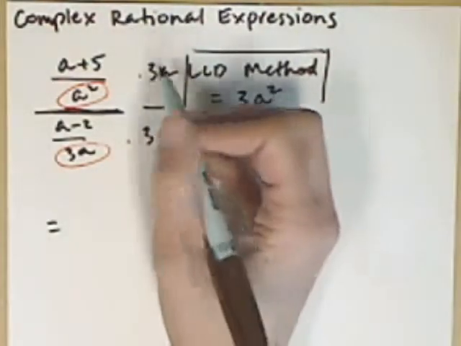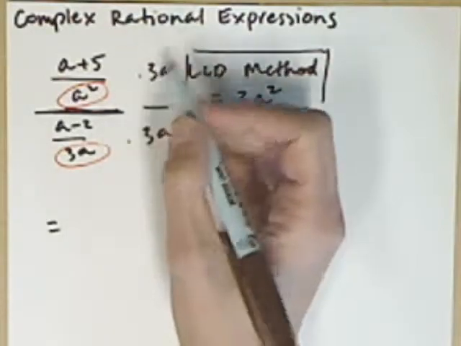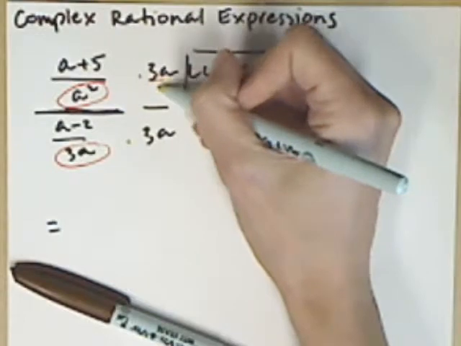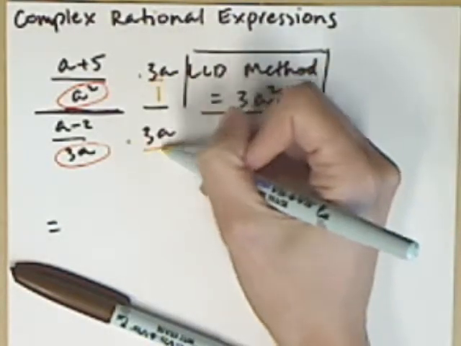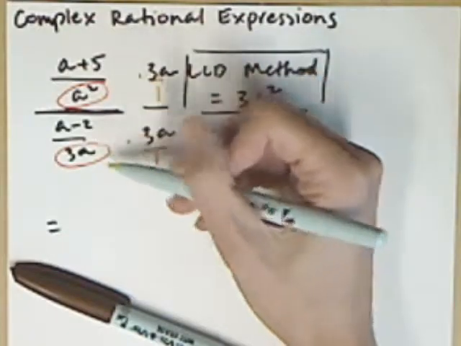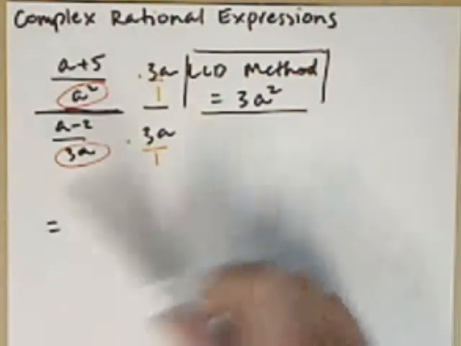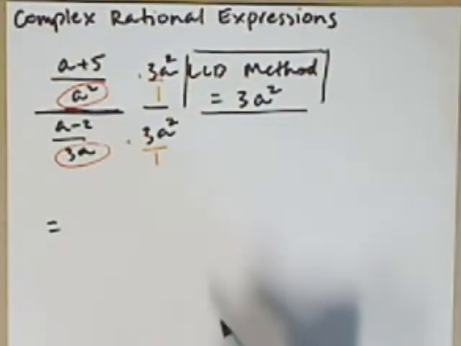As I multiply this through, think of the 3a squared being in a numerator when I look at the problem up on top. If it's helpful, you can write this as 3a squared over 1 so you can keep track, because you're going to be canceling diagonally. Same story here. 3a squared is also in the numerator for the bottom, so you're going to be canceling the 3a squared and the 3a. Oh, and I said it was 3a squared, didn't I? So I better change that to a 3a squared.